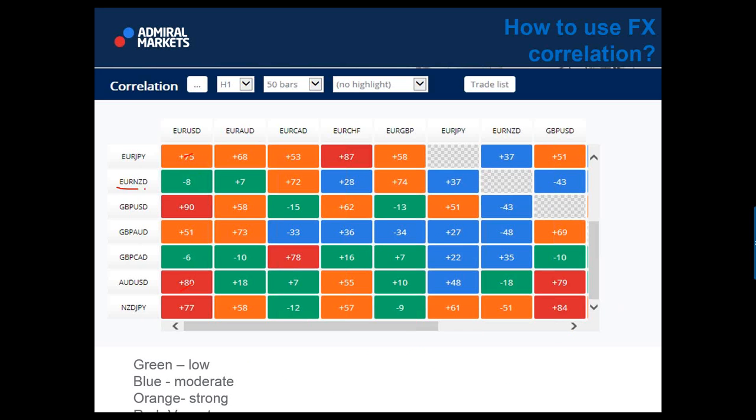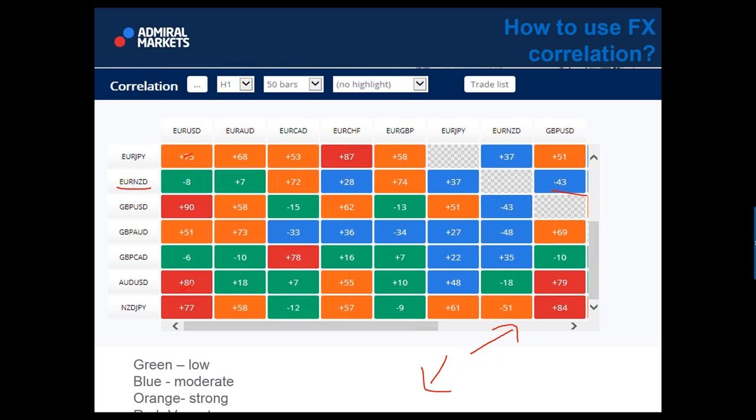But if you trade Euro New Zealand with GBP dollar with minus 43, then you need to know what to do. If you open GBP long and Euro New Zealand short, and you're right about GBP dollar, because GBP dollar is stronger as a major opposed to Euro New Zealand, you would be right, yes. Because if GBP dollar goes up, Euro New Zealand will follow.